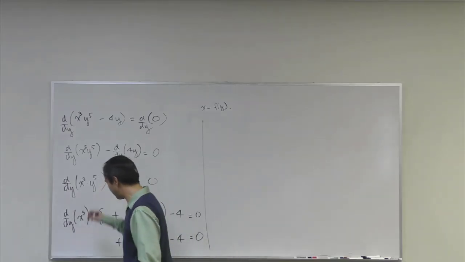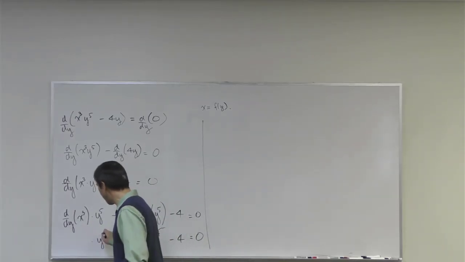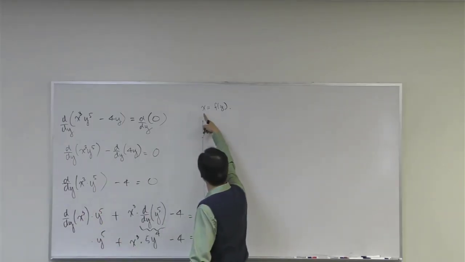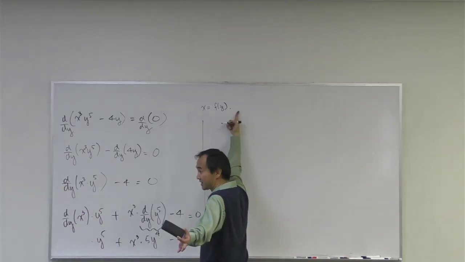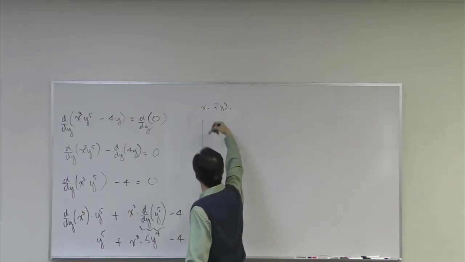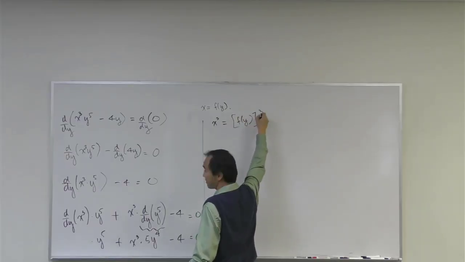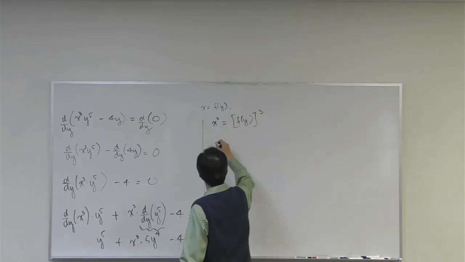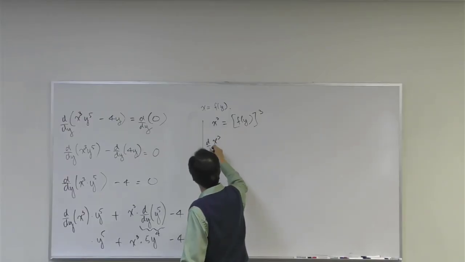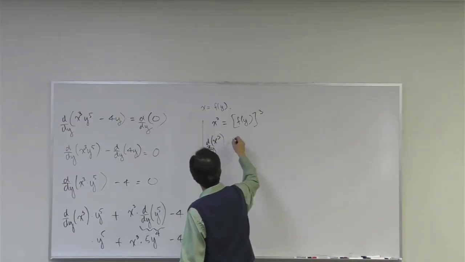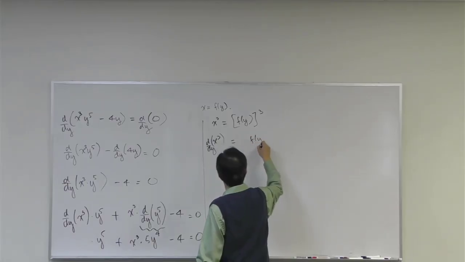What about that guy? We still have the y to the 5th remains right here, right? That x cubed, think of the x right here, the x itself is some unknown, some implicit function of y. So x cubed means some implicit function of y, but raised to the 3rd power, right? So taking that derivative with respect to y on this x cubed right here means, see, f of y to the 3rd power.